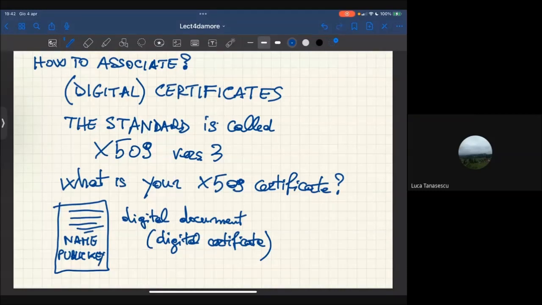So the public key is associated with the name.